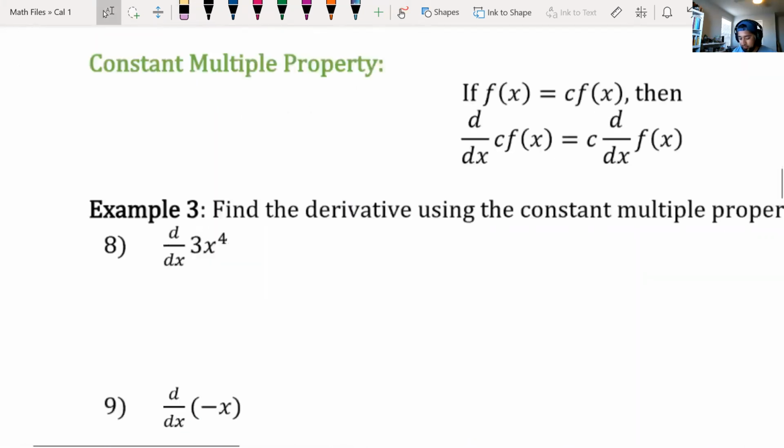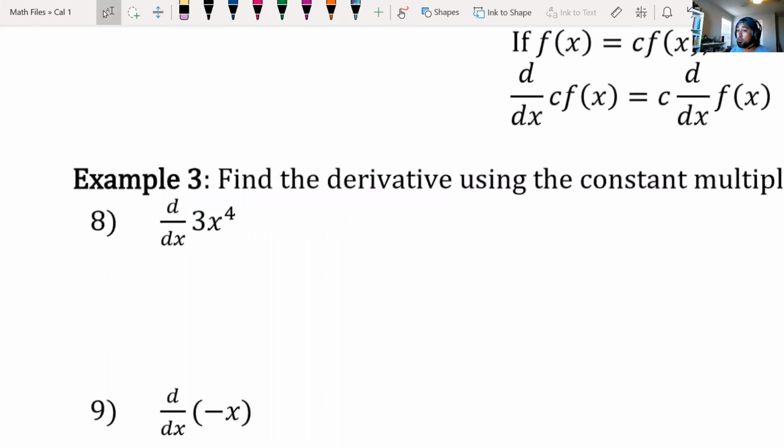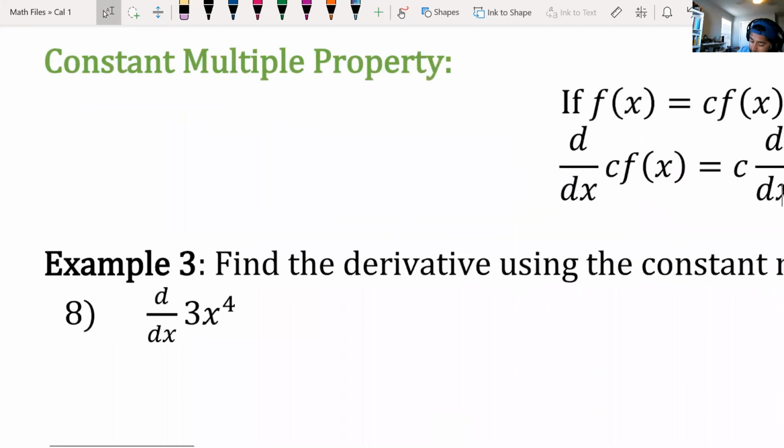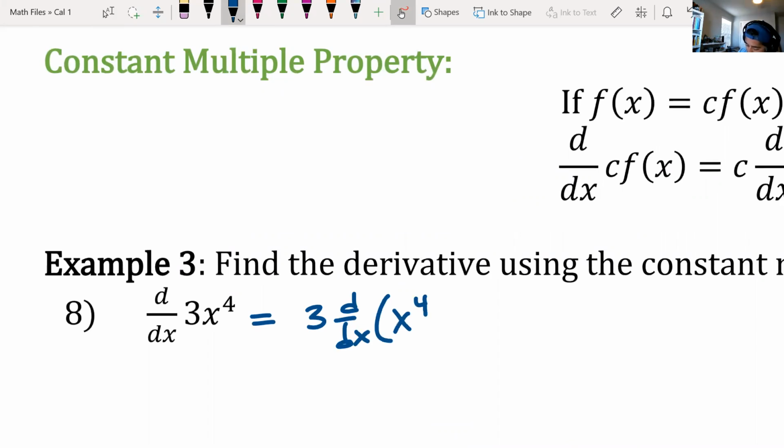All right. So let's go ahead and try out that constant multiple property. Here we have d over dx of 3x to the 4th. By the constant multiple property, I'm going to rewrite this as 3 times d over dx of x to the 4th. So we isolate the function that we want to take the derivative of.